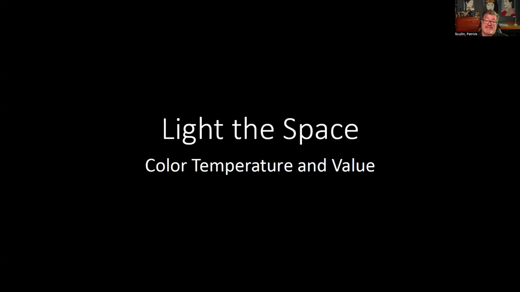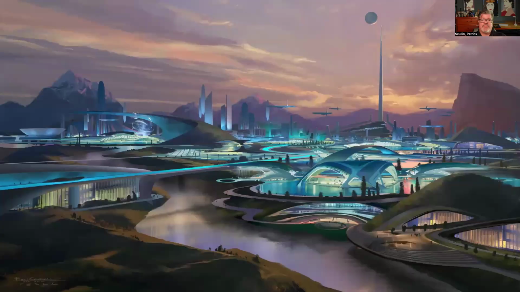Last but not least is light the space. So here we're looking to use light and color and temperature and value to again create the story. Here we have a futuristic scene that we can tell is futuristic because the lighting is not natural. It doesn't look like something that we see commonly in our world. It looks advanced and interesting and different.